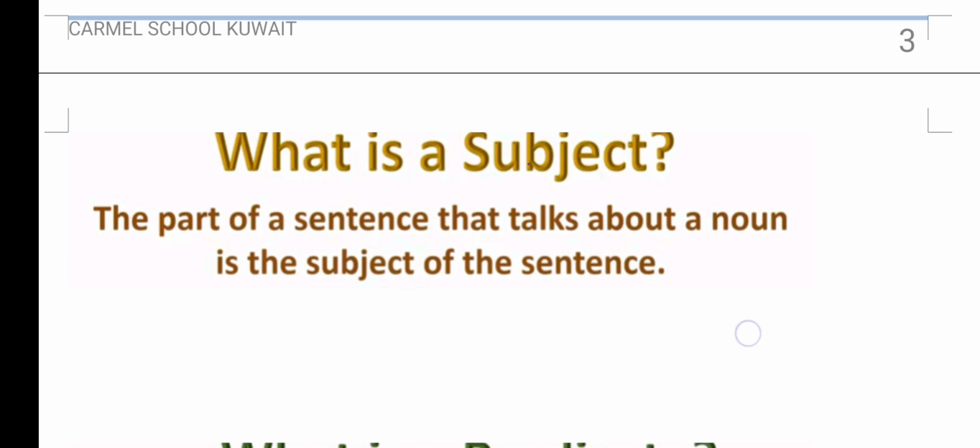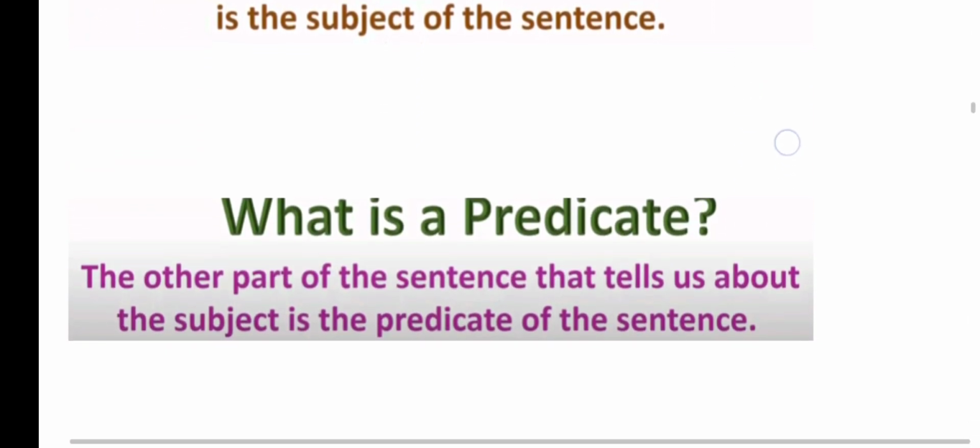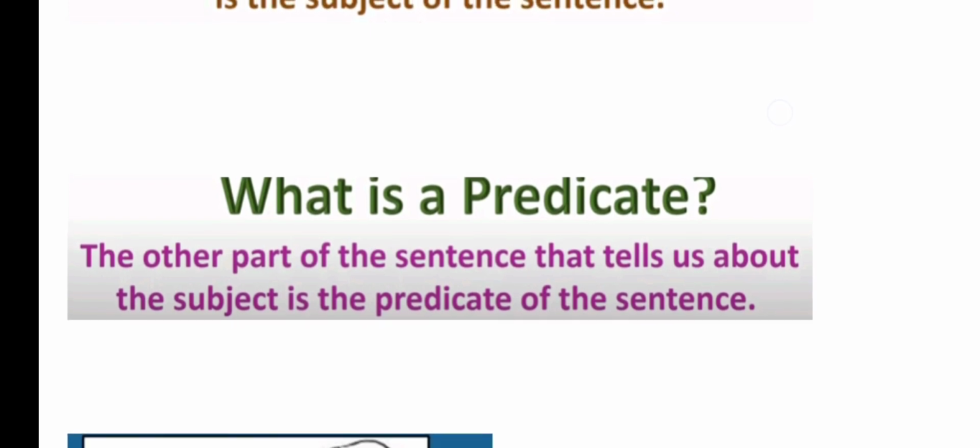Now, what is a predicate? The other part of the sentence that tells us about the subject is the predicate of the sentence. That means the second half of the sentence: after finding the subject, the remaining part of the sentence is a predicate and it has a verb in it. Now let's see in detail.